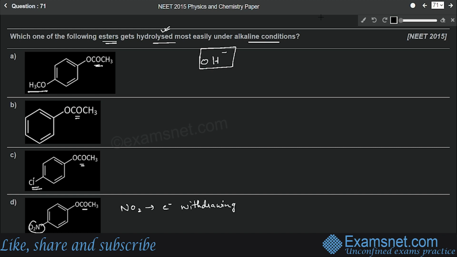Okay, so it will withdraw the electron density from the carbonyl carbon and thus it will facilitate the attack of OH minus ion. Okay. So it will facilitate the attack of OH minus ion, therefore it will get hydrolyzed most easily. So option D will be the correct answer.